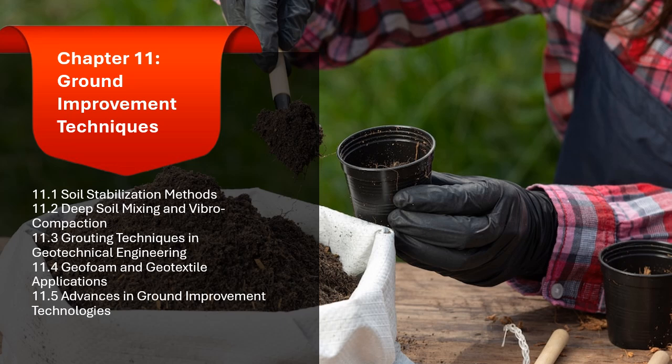Purpose: it enhances soil strength and decreases its permeability, making it more resistant to erosion and settlement. Applications: useful for stabilizing loose sands, silts, and soft soils, and for controlling groundwater flow in underground structures.